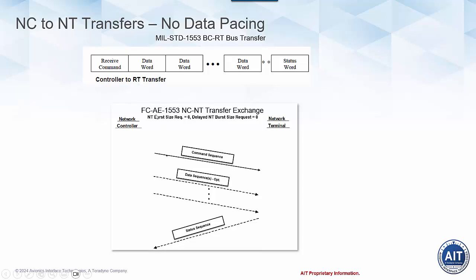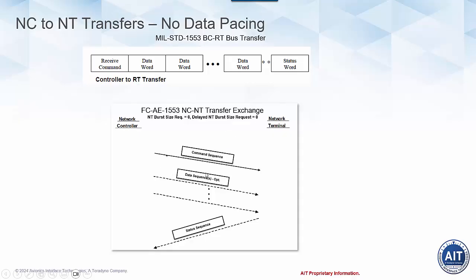So if we would do something analogous on an FC-AE-1553 network, you'd have a network controller to NT transfer exchange with no data pacing, because you don't have data pacing on 1553. What you would see is a command sequence go out. In that command sequence, the NT burst size bit would not be set and the delayed burst size bit would not be set. So no data pacing.